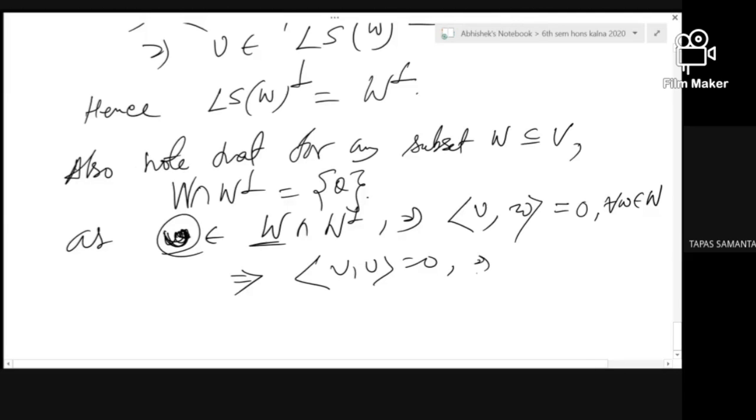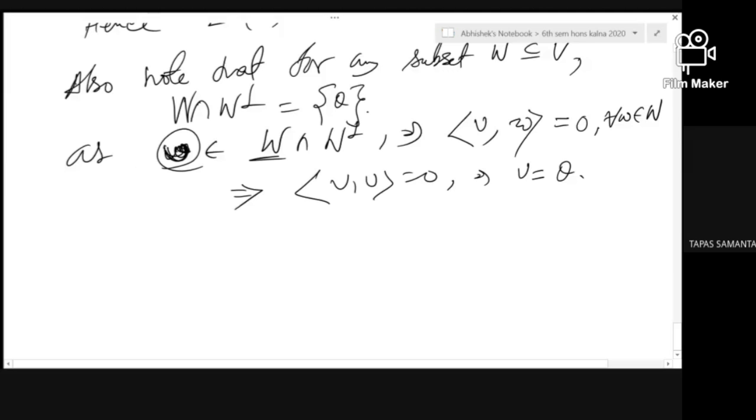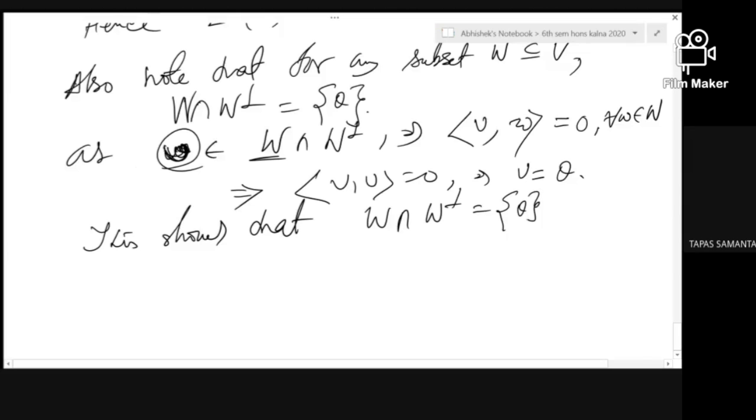And that means V equals the null vector theta. So this shows that theta is the only element included in the set W intersection W perp.